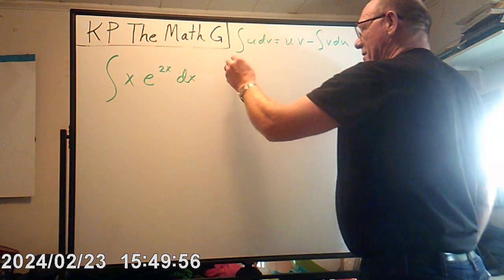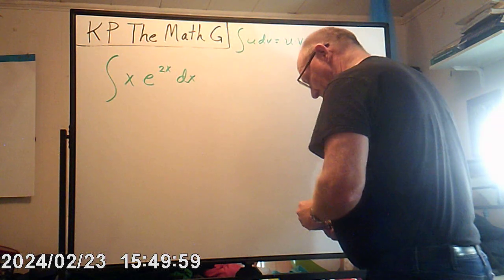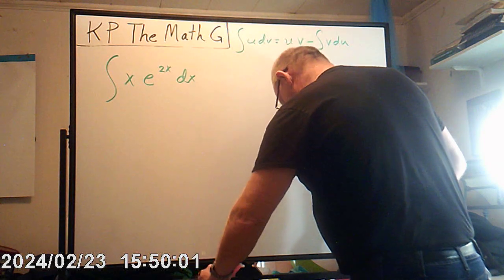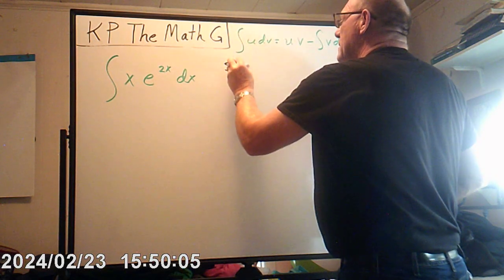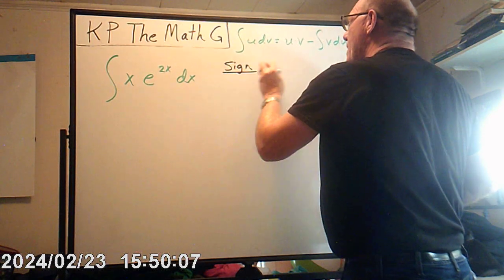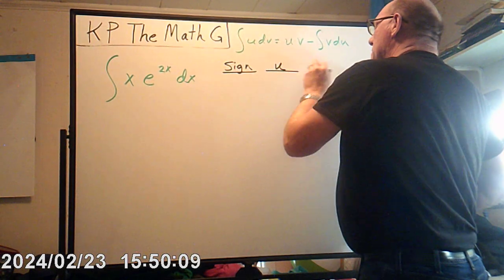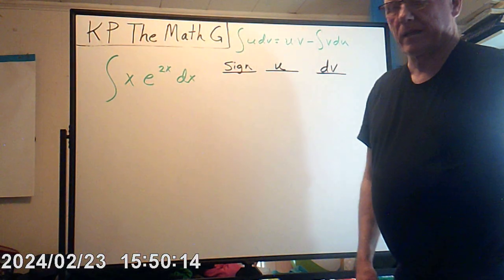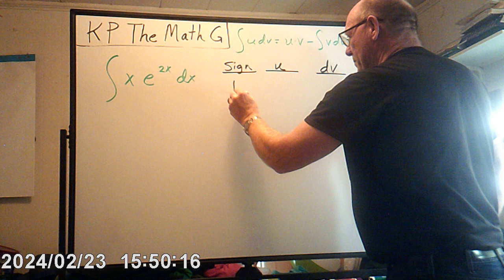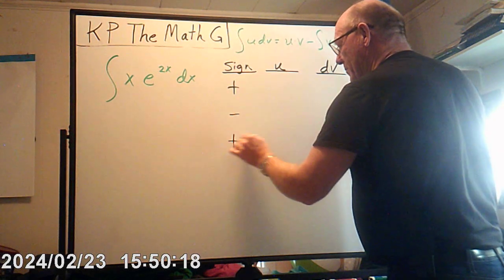So here we go. We're going to put down sign, u, dv. Again the signs: plus, minus, plus.